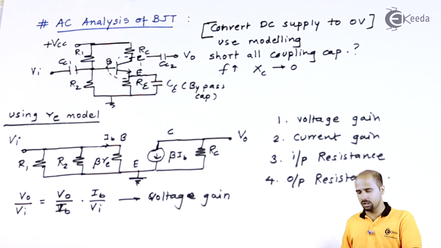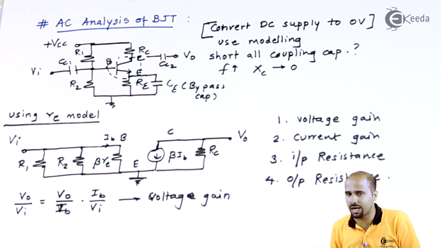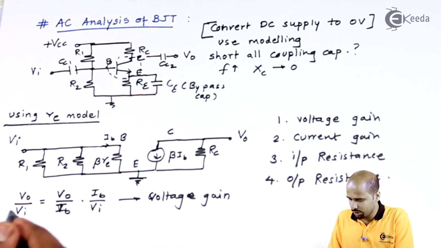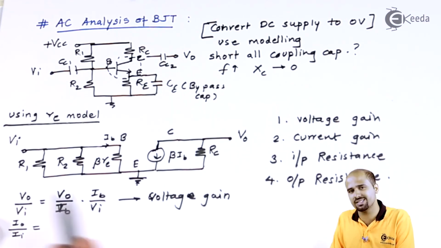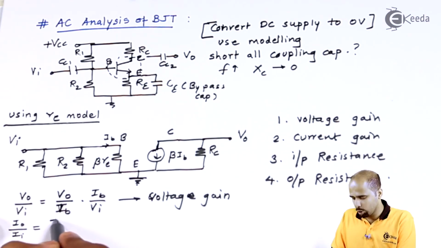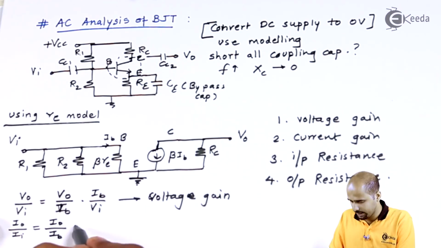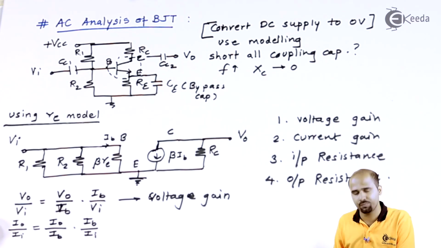In a similar manner, we have to find out the value of current gain. In the current gain, we will find IO divided by II, right? Now you can easily see that it is IO divided by IB first, and then IB divided by II.